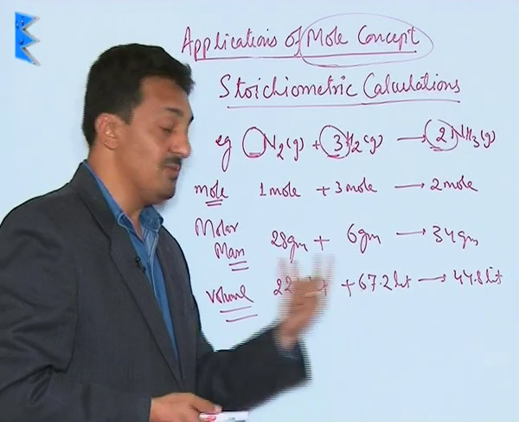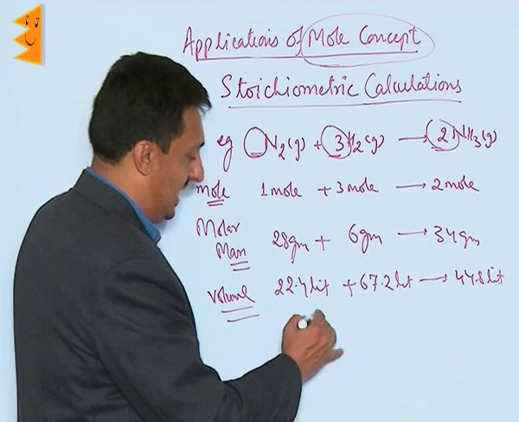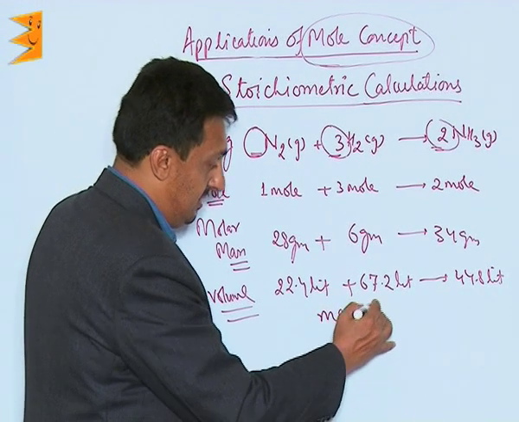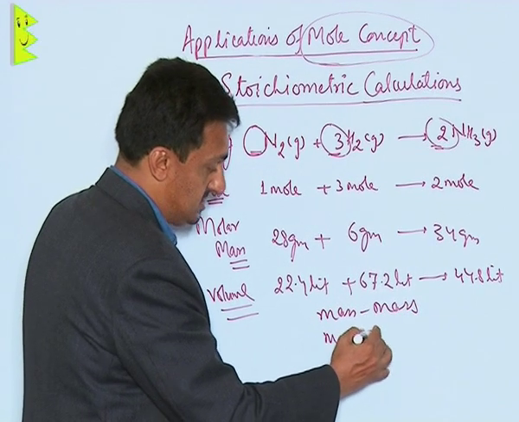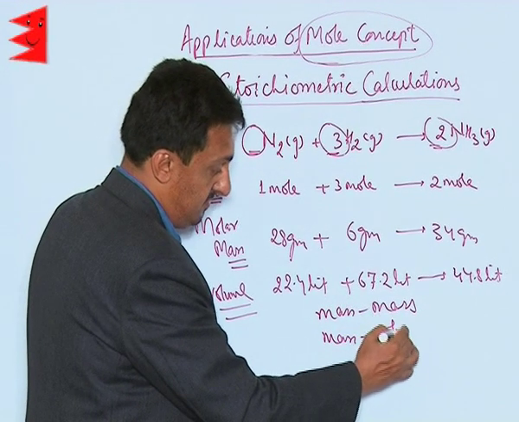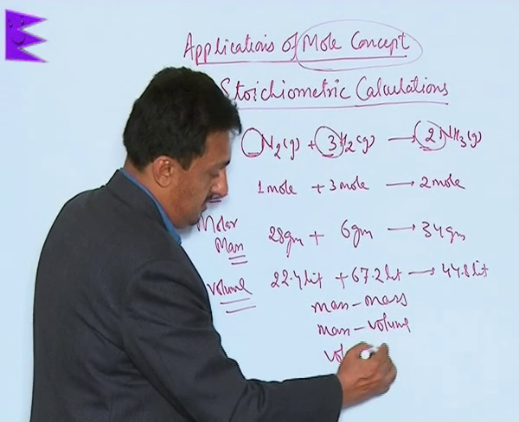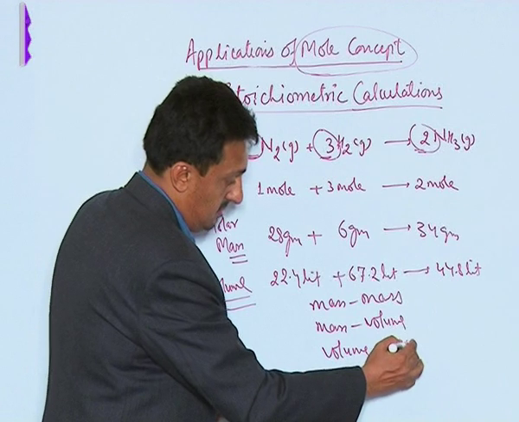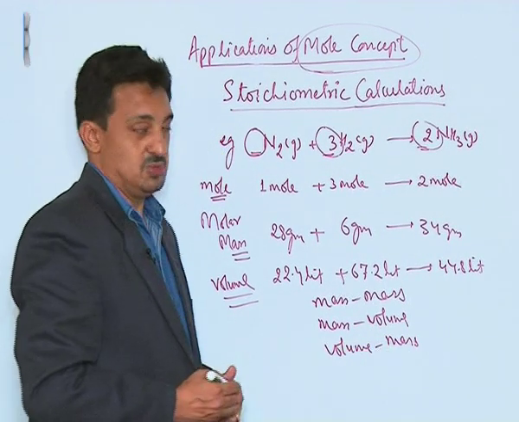It is 67.2 liters. So this is the information, and we say that it is not only the mass relationship, it can be mass-volume, or volume-mass, or it can be simply volume also.